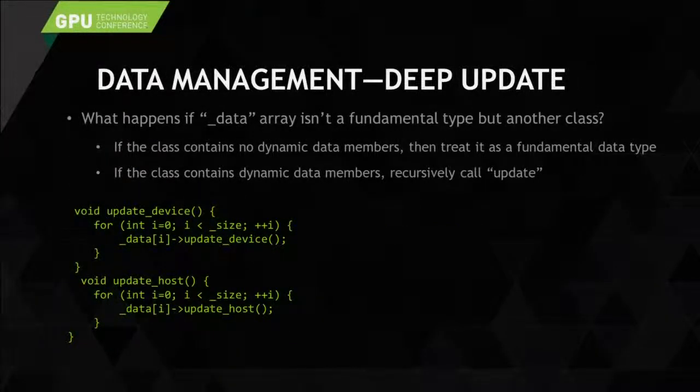So one issue you're going to encounter is the data management under the hood. Now, what if you have a class which contains another class or some other dynamic data? You may actually have to do a recursive copy. Think of when you have to do a copy constructor; this is kind of like an update constructor, where you might have to traverse down. But it's up to you at this point in OpenACC to manage the data yourself.